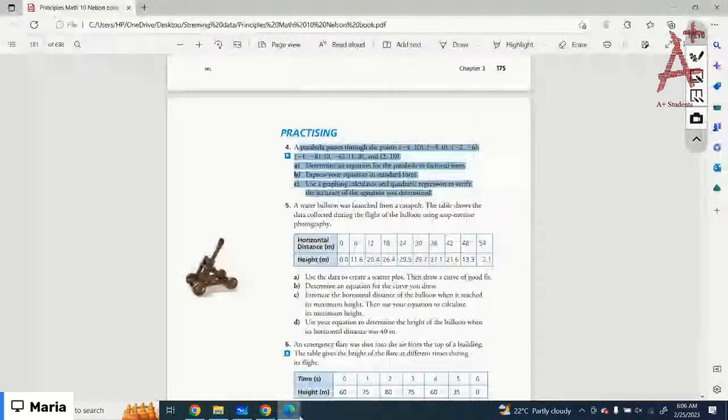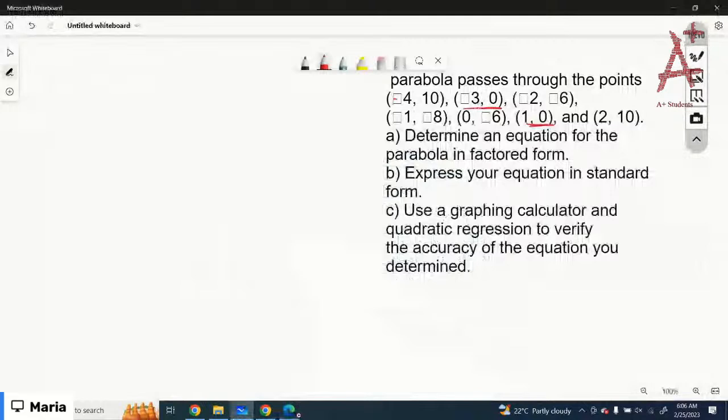So the equation is y equals a times x minus 1 and x plus 3. That is the equation in the factored form.